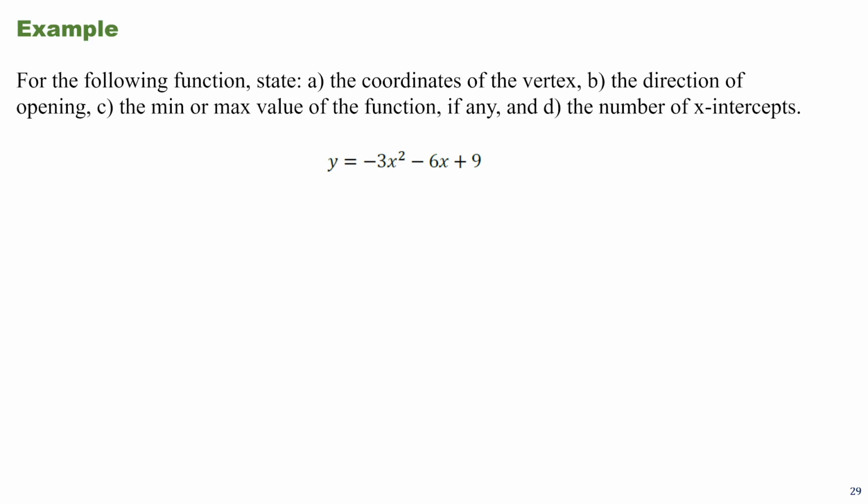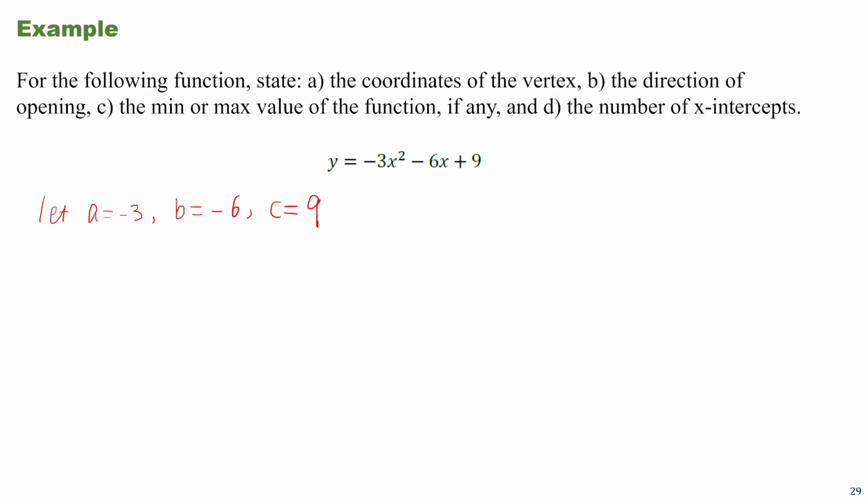Note that this is in standard form or general form, where we could let a equals -3, b equals -6, and c equals 9. Those are the three parameters of the quadratic function, right?